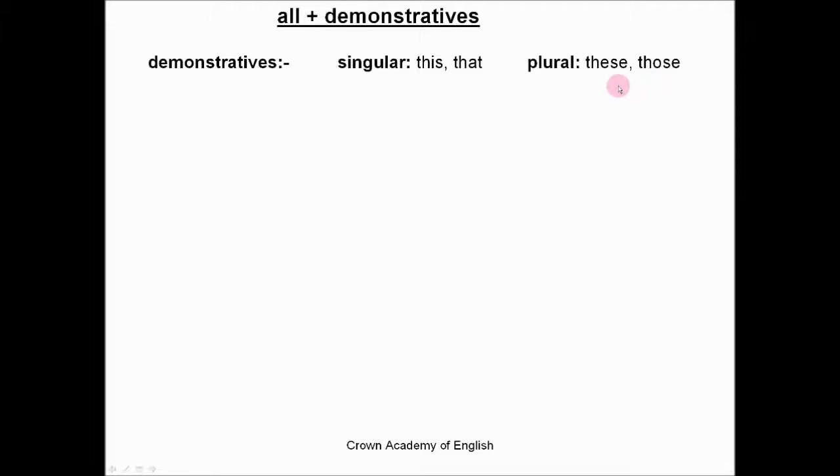If we want to use the words these and those, then we can only use all. We must not use every. So all followed by these and those is correct, but we must not use every. We cannot say every these or every those. That is wrong.